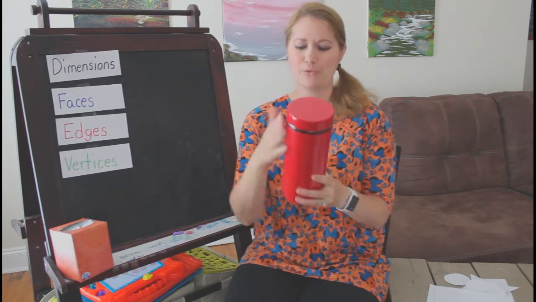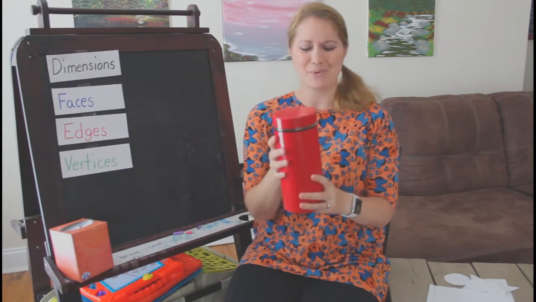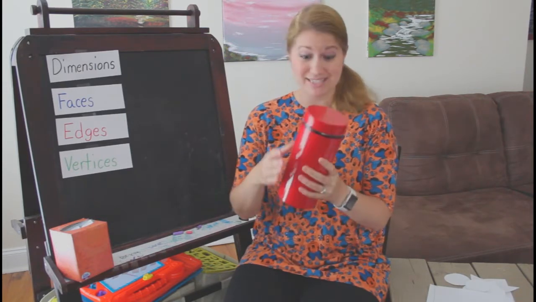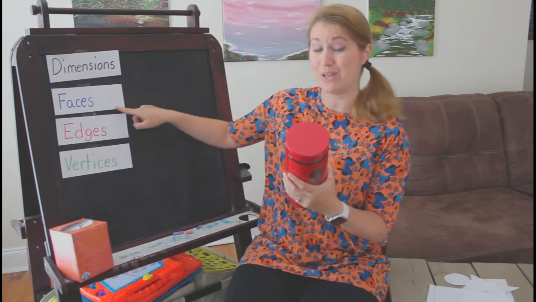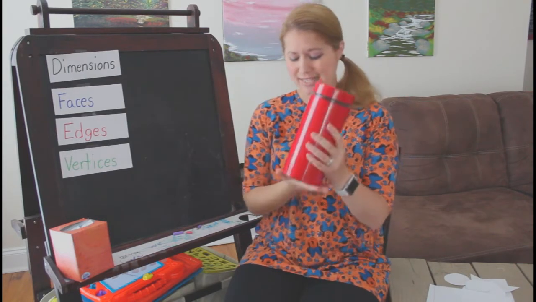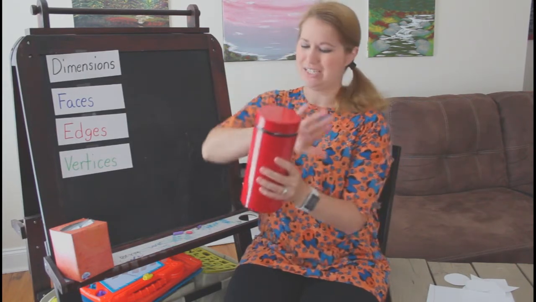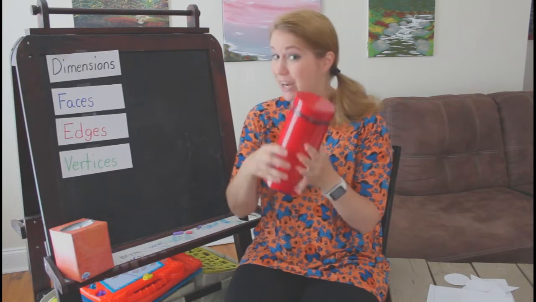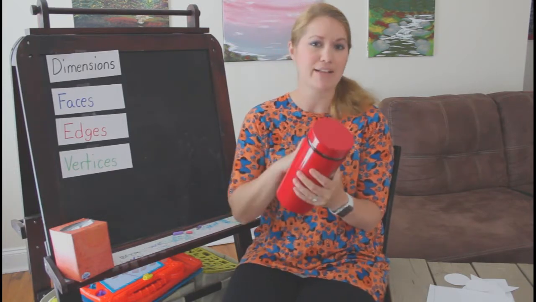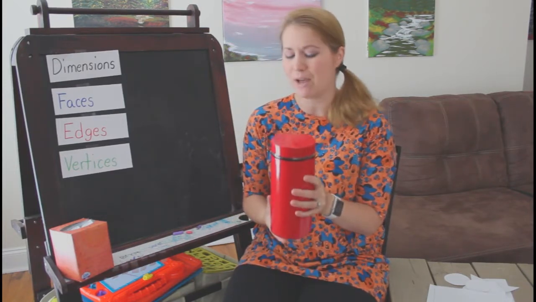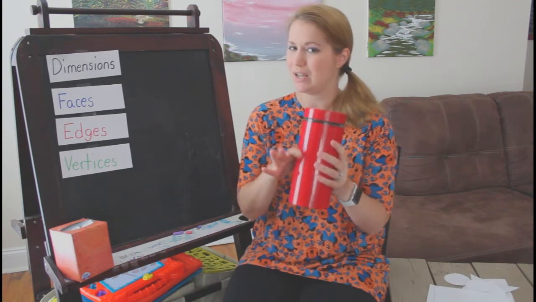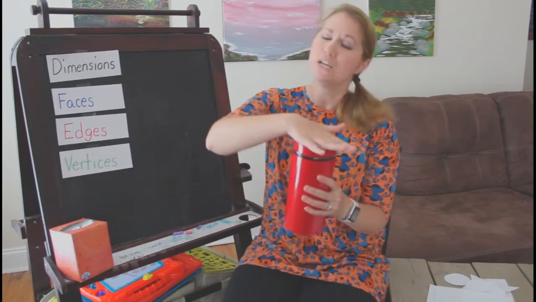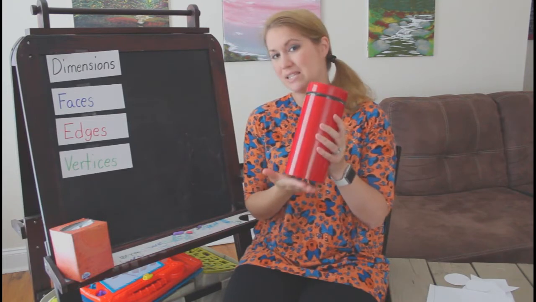This is a curved surface all the way around. So when I'm counting the faces for this one, I'll count the flat sides, but this right here is not a flat face. It is a curved surface, but it's not a flat face. So don't get confused on that one because this part's not going to count when we're counting the faces. We'll just count this side and this side for it.